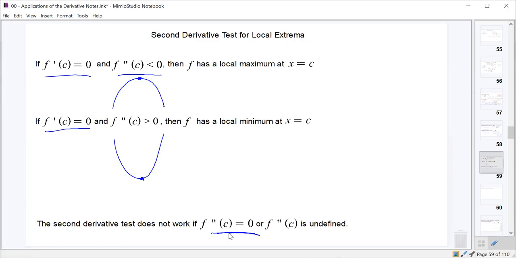I actually meant to write that f prime of c is undefined, but it won't work if the second derivative is undefined either. But it definitely doesn't work if the first derivative is undefined. This only works when the first derivative is equal to 0. It does not work for places where the first derivative is undefined.